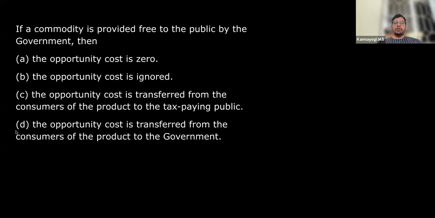If a commodity is provided free to the public by government, then opportunity cost is 0, opportunity cost is ignored, opportunity cost is transferred from consumer of product to the tax-paying public, or opportunity cost is transferred from consumers of the product to the government. So what is opportunity cost? You have an option to choose.